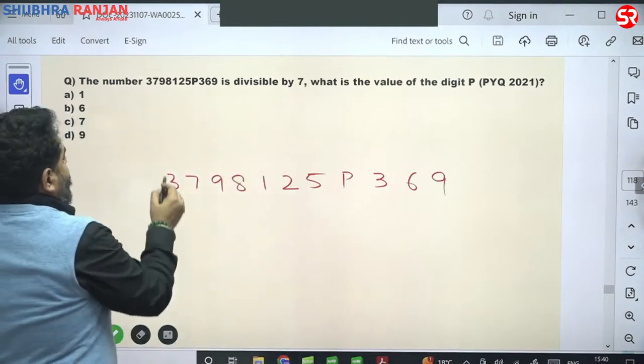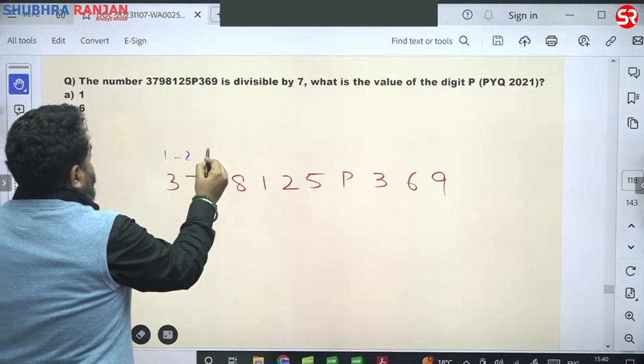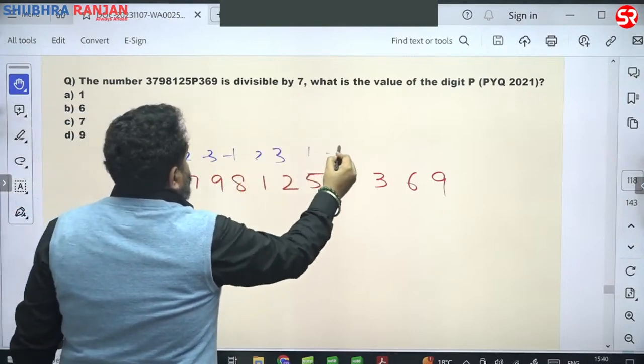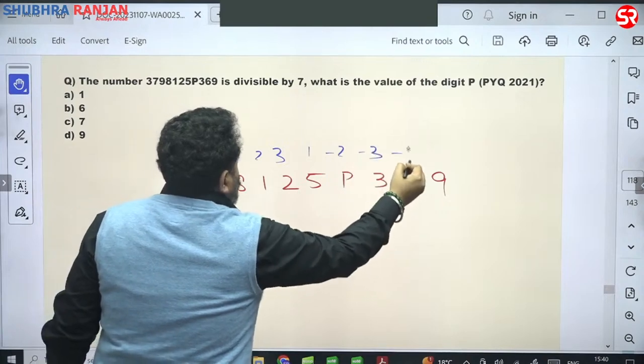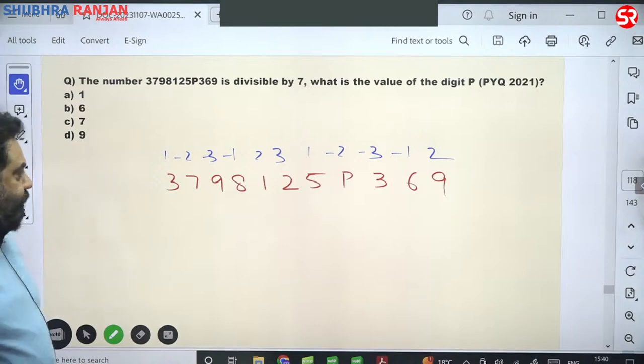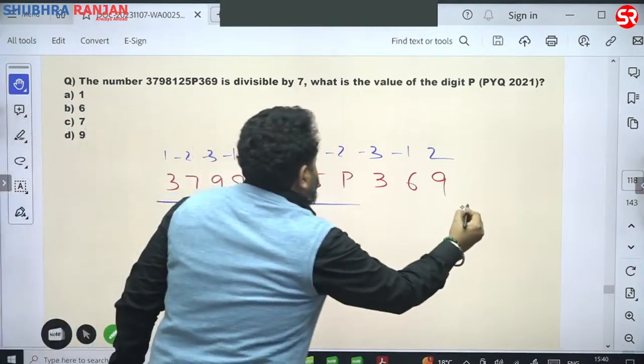And your rule for 7 is 1, minus 2, minus 3, minus 1, 2, 3, 1, minus 2, minus 3, minus 1, 2, 3. This is the rule of 7. So all you needed to know was this only.